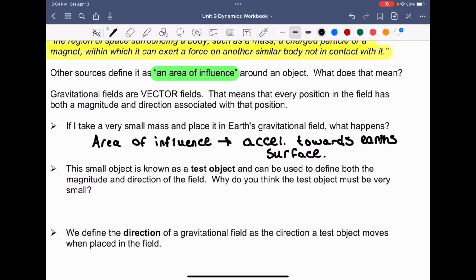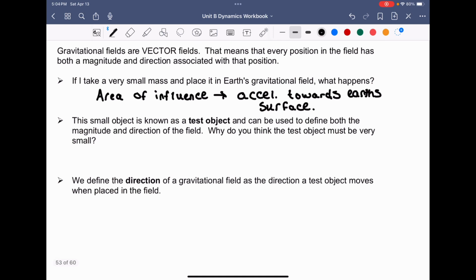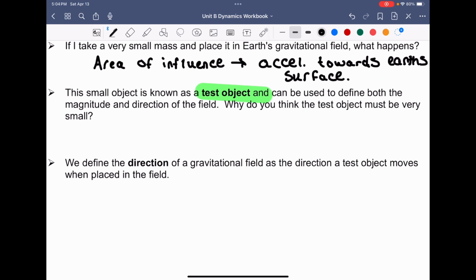Now, a small object known as a test object is used to determine the magnitude and direction of the field. Why should the object be very small? Because we don't want it to affect the other object. We don't want two large fields next to each other so that we get some sort of combined magnitude of the field. Rather, we want to specifically get the field of the object we're considering.